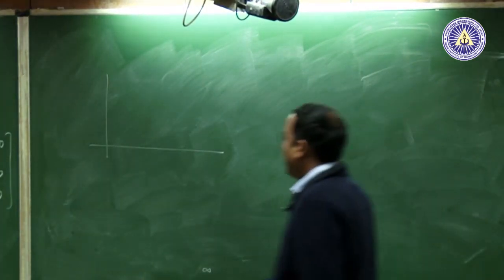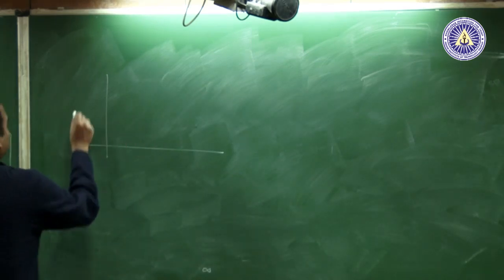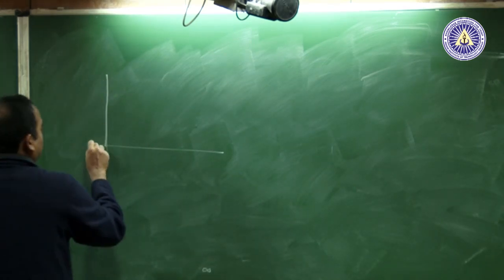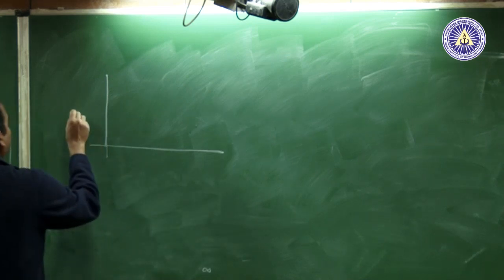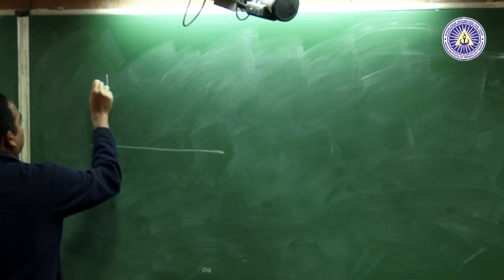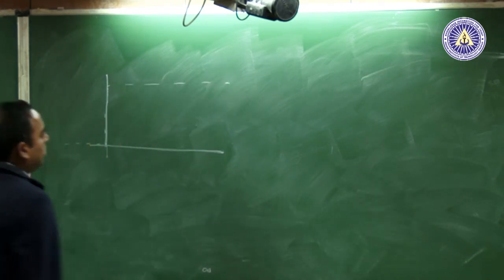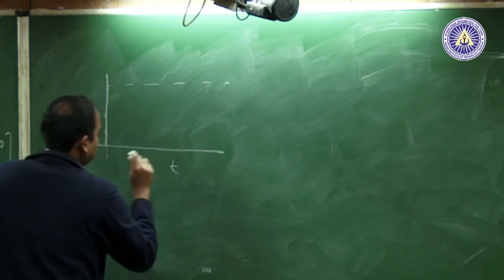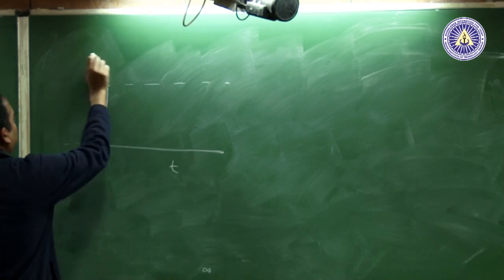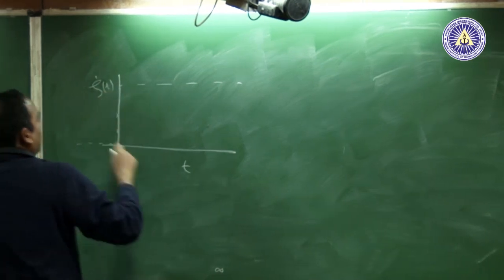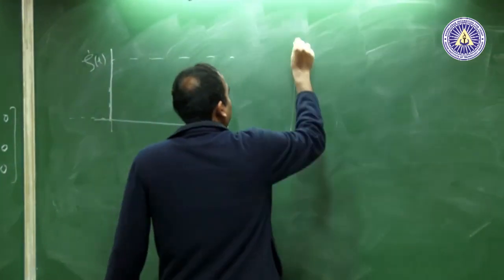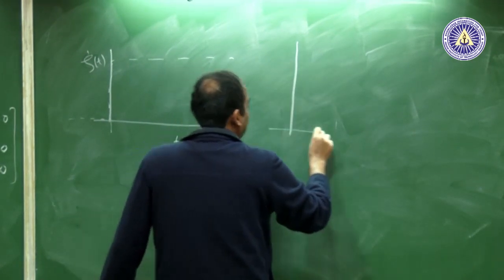We might have an experiment where the shear rate is suddenly going up, which is the stress growth experiment, and the shear rate is suddenly going down, which is the stress decay experiment.